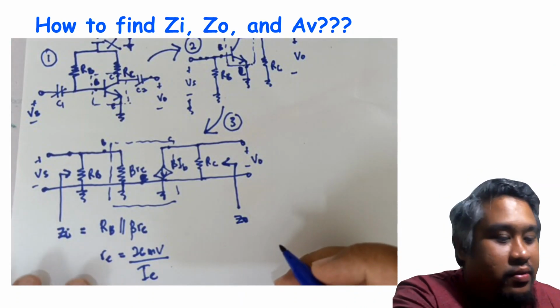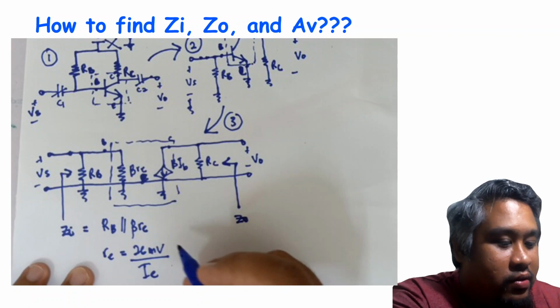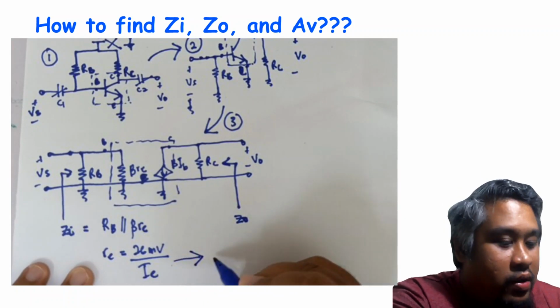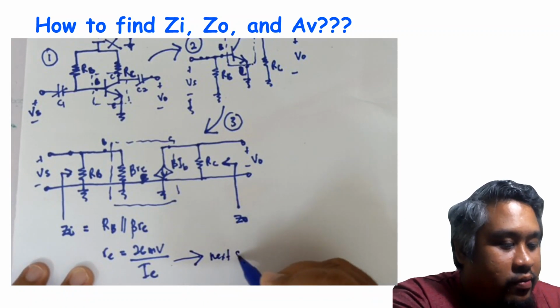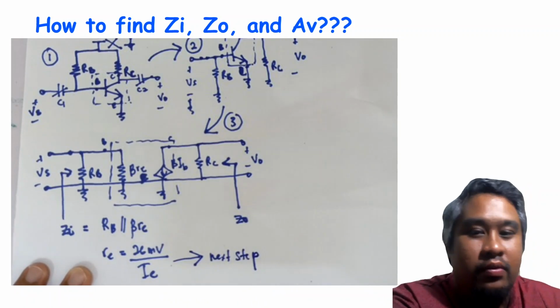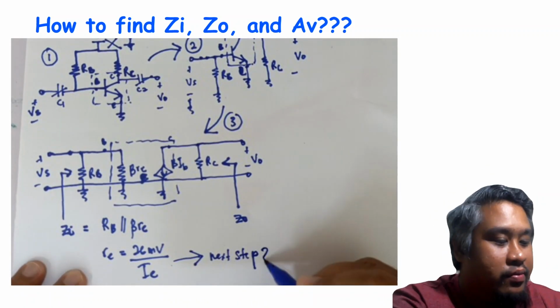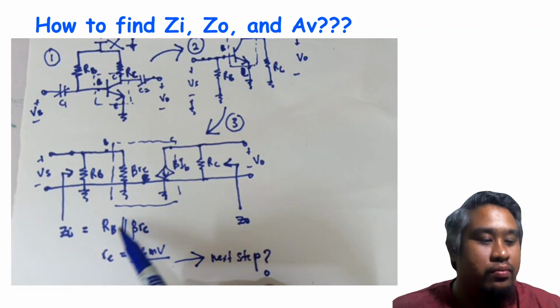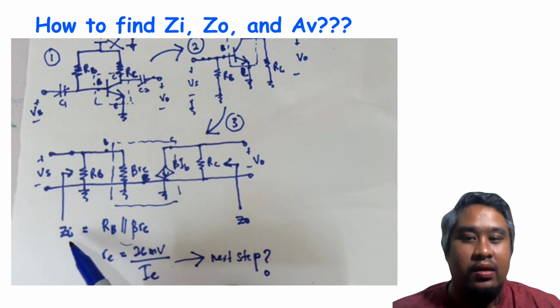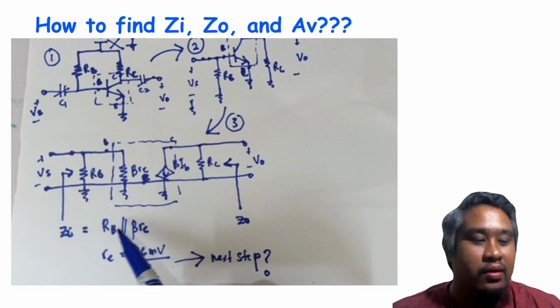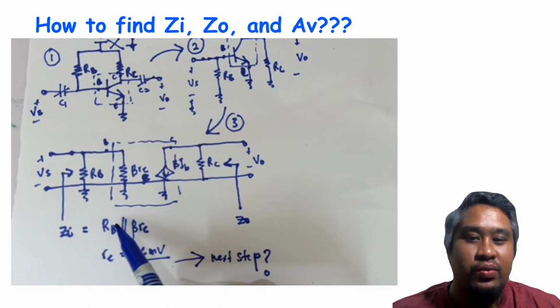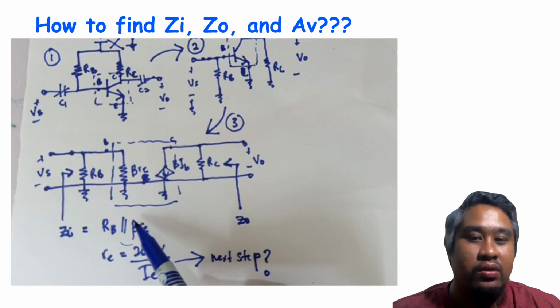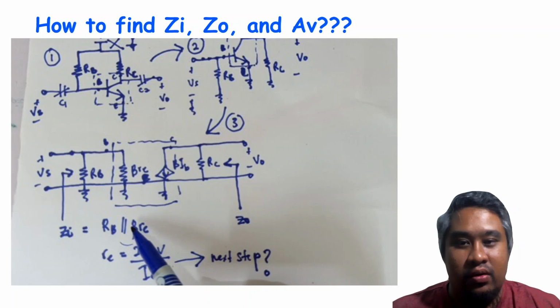Okay class, what is our next step? In order to calculate our ZI here, RB for sure we already know the value, right? Beta also is a constant value, we already know.